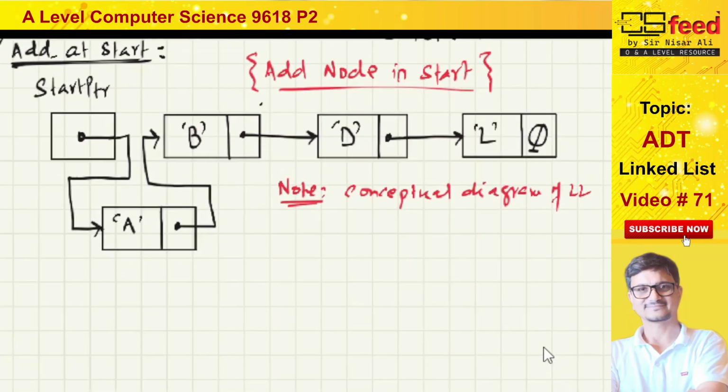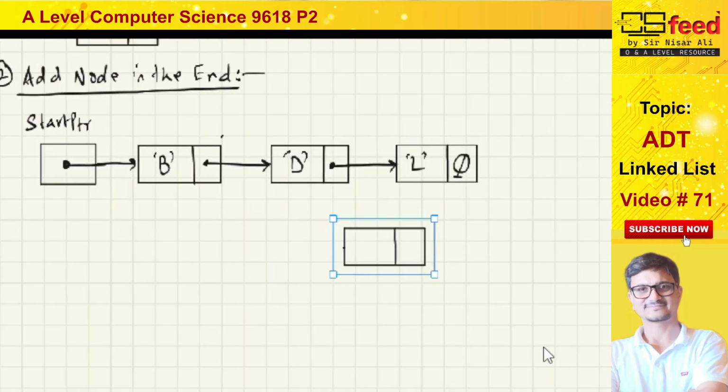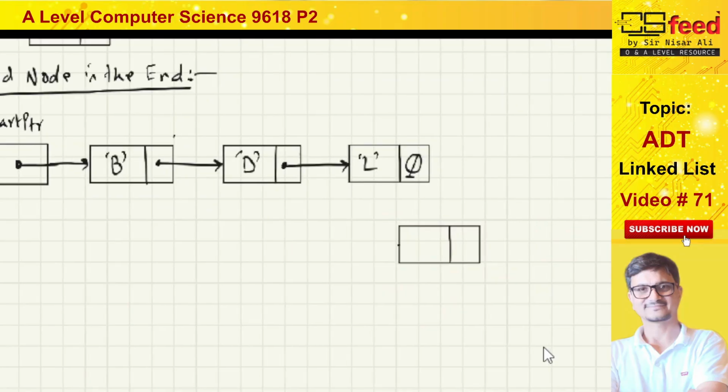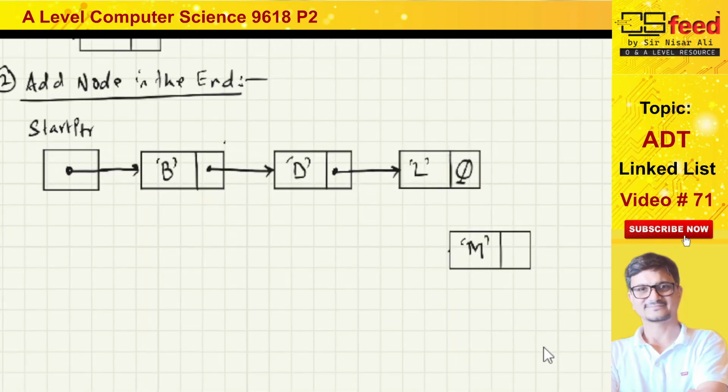All right. Now the next is to add the node in the end. That node is M. We first have to create the node, and again we have to see what the order is.